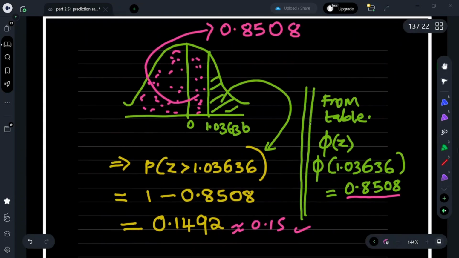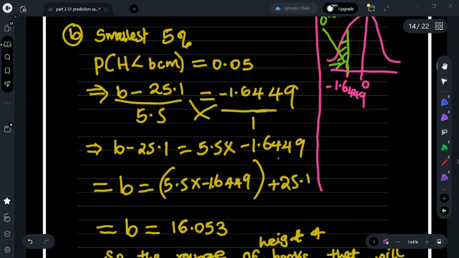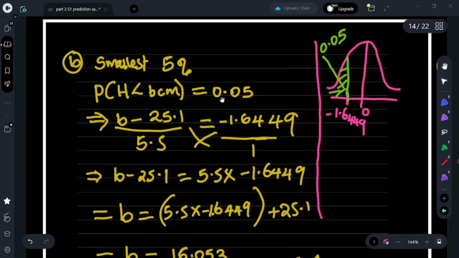So part B, like we have already explained. Smallest 5%, that is a probability of 0.05, which we have illustrated here with the green color on the curve. We already know that the Z value of 0.05 is negative 1.6449. So when we know the Z value, we can get the X value, or how many centimeters.